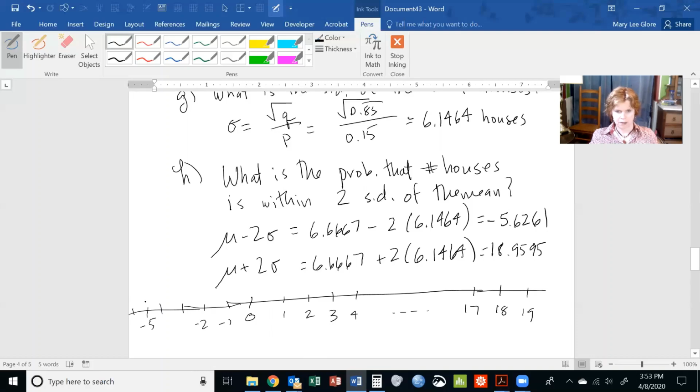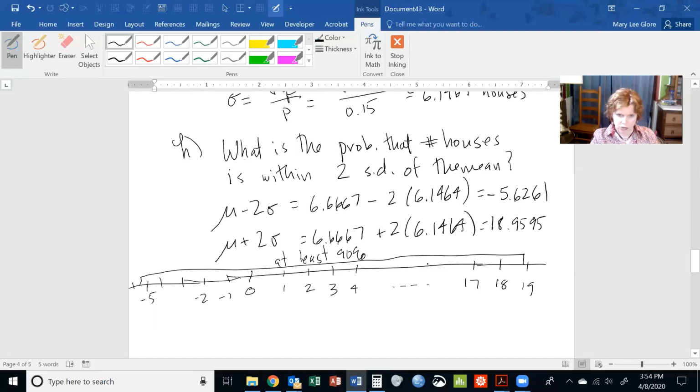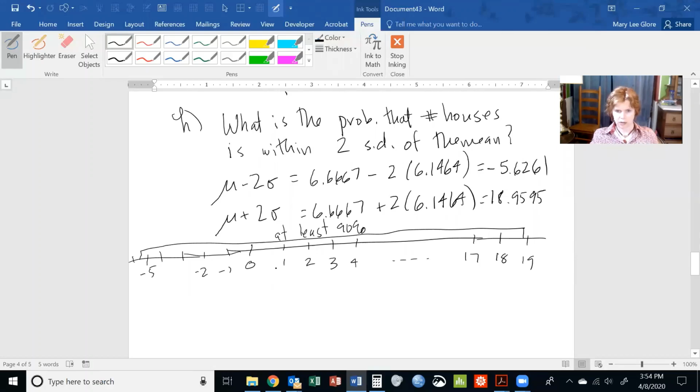According to this interval, we expect by the empirical rule that X should be within about negative 5.6 to 18.95. So we think at least 90% is in this range. So what actual values of X occur in that? Well, X is anything greater than or equal to 1, so that would be between 1 and 18.